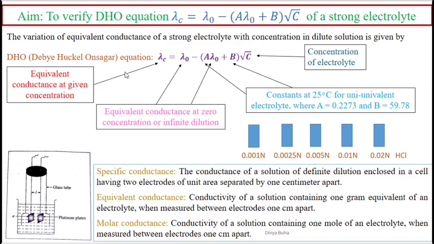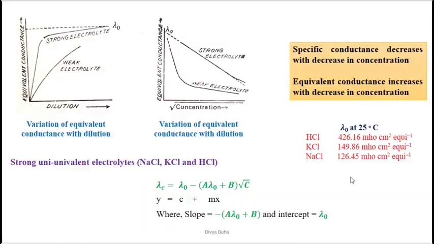So in this practical, first of all, you need to prepare a range of standard solutions of the univalent strong electrolyte. Then you have to find out the equivalent conductance of all of these solutions. With the help of that you need to draw this graph, and then you need to find out the lambda 0 value.